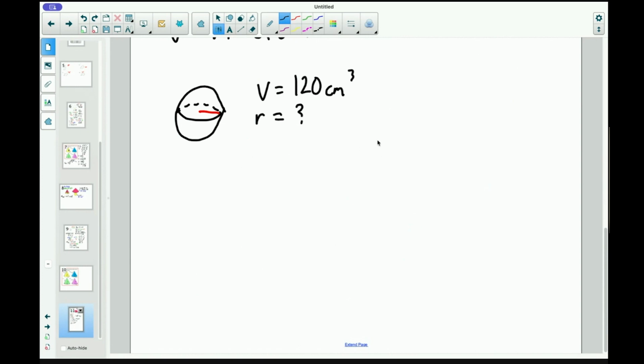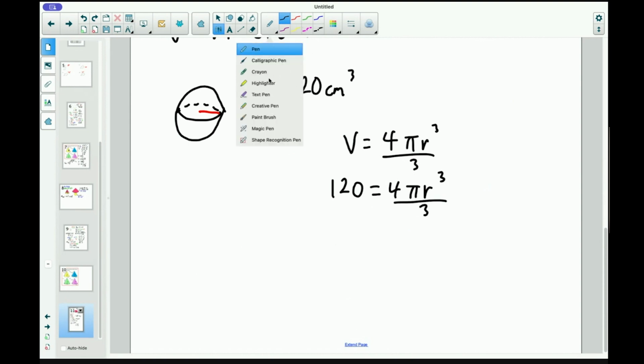All right? So starting with our formula, we have volume is equal to 4 pi r cubed divided by 3. And instead of substituting in radius, we're going to substitute in my volume. So volume is equal to 120. So 120 is equal to 4 pi r cubed over 3.